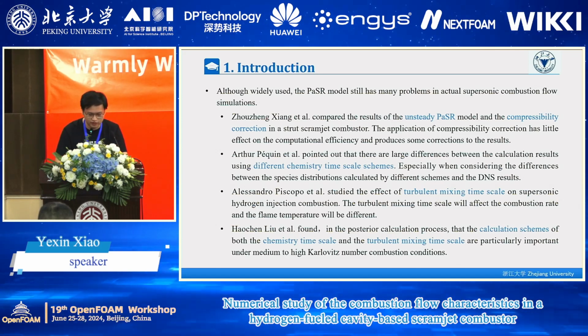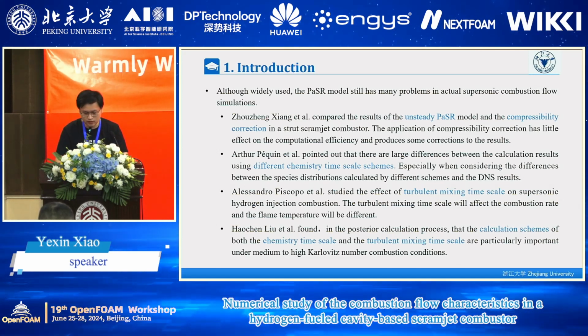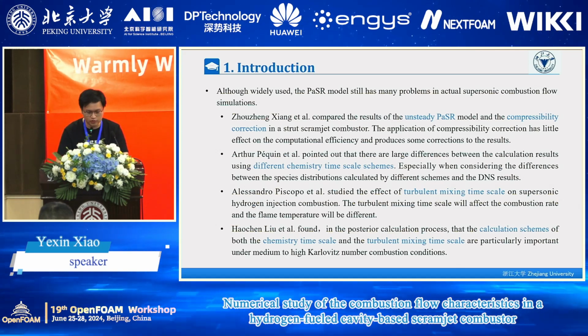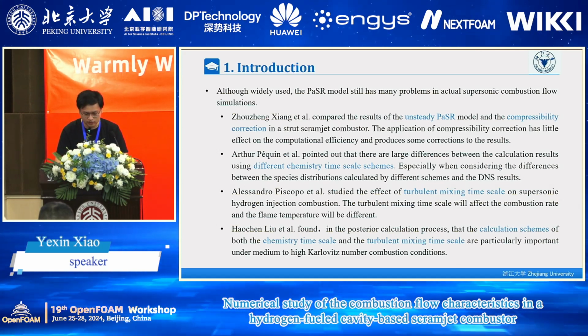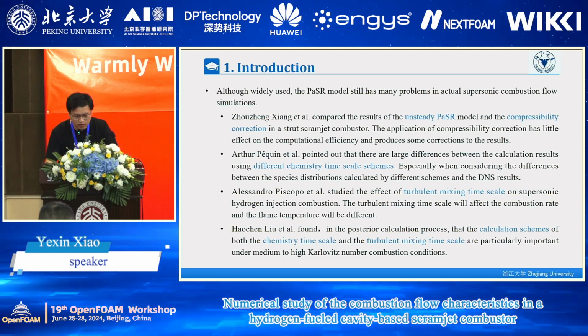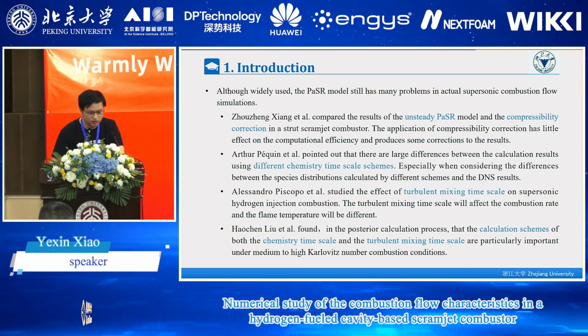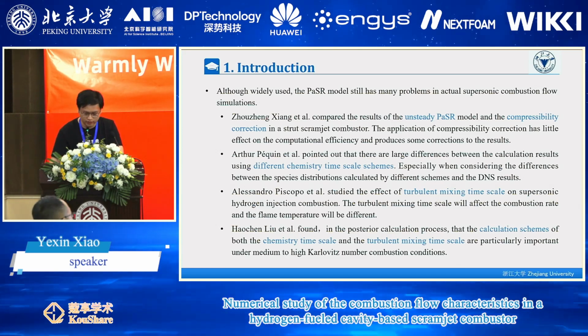And some people found in the a posteriori calculation process that the calculation schemes of both the chemistry timescale and the turbulent mixing timescale are particularly important under medium to high Mach number.